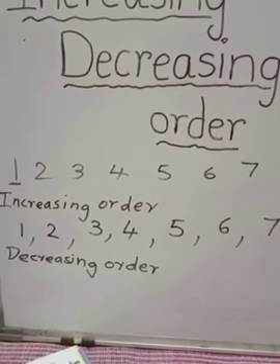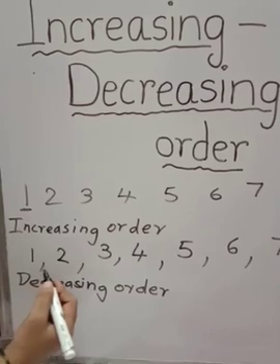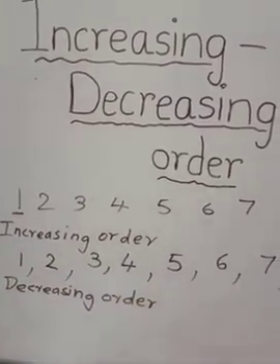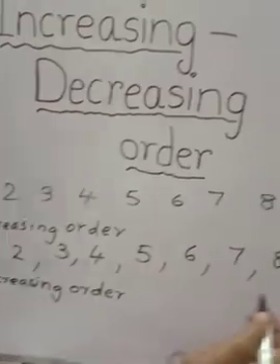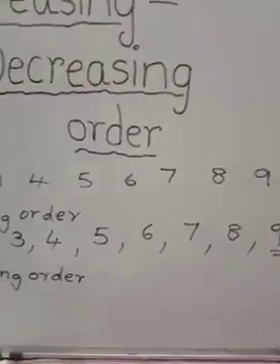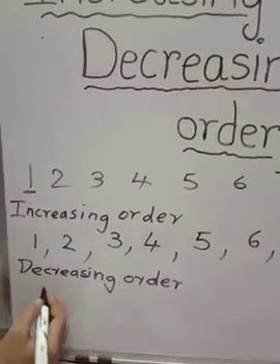Here we wrote the increasing order. Now in these numbers, which is the biggest number? 9. The biggest number is 9. So what will you write here as the first number in decreasing order? 9.